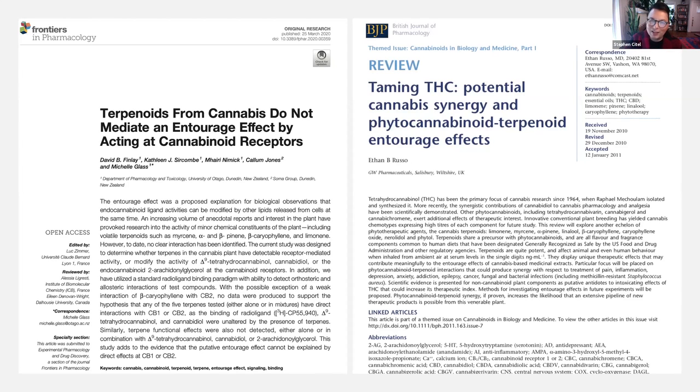So in this study, they were saying that terpenes are not producing the entourage effect, which in my opinion, I think this paper was just maybe organized and maybe written by people that are less familiar with real cannabis science, because that's not the point of the entourage effect that we're talking about by and large.